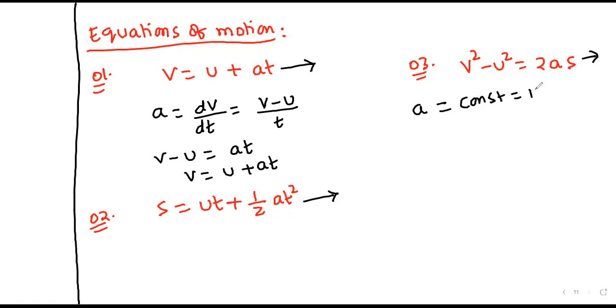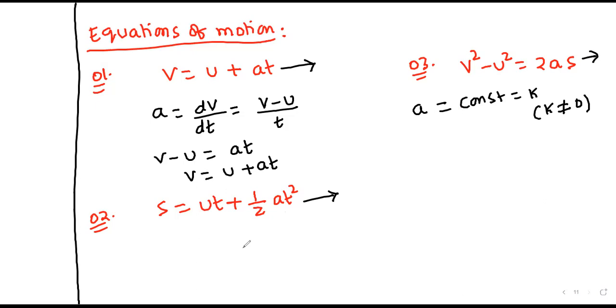where acceleration is equal to constant, that is equal to k, such that k is not equal to 0. If k equal to 0, that is acceleration is 0, then in the first equation initial velocity equals final velocity. Second equation, distance traveled equals velocity into time, or speed into time.